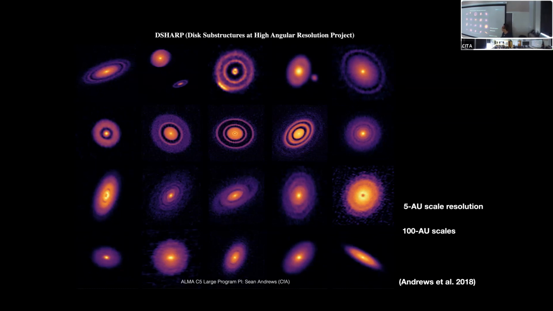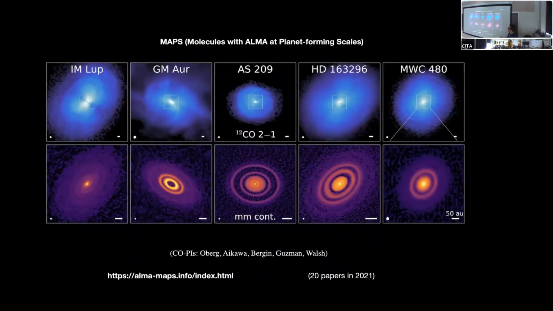And more recently, we had another large program from ALMA looking at molecules. So a bunch of molecules. This is called MAPS. That stands for Molecules with ALMA at Planet-forming Scales. Instead of doing 20-ish, like in DSHARP, they could only do 5. It's a lot of time on ALMA, actually.